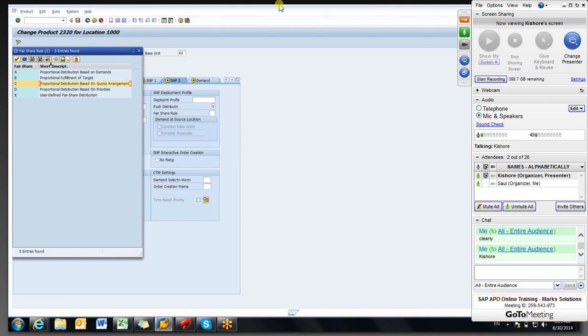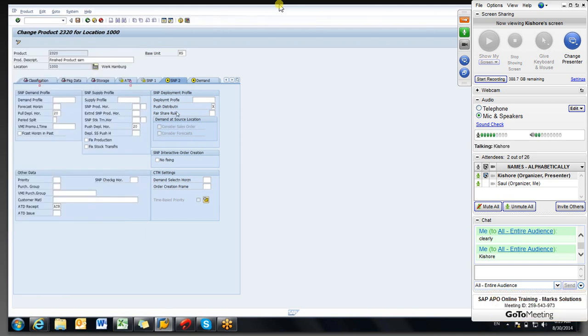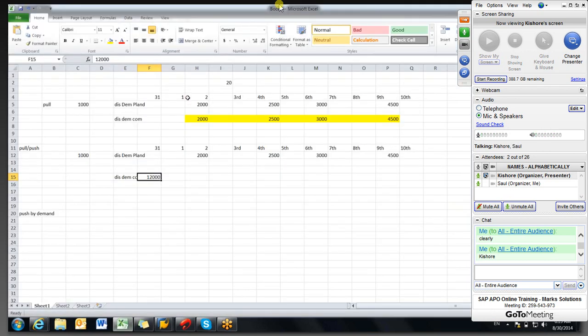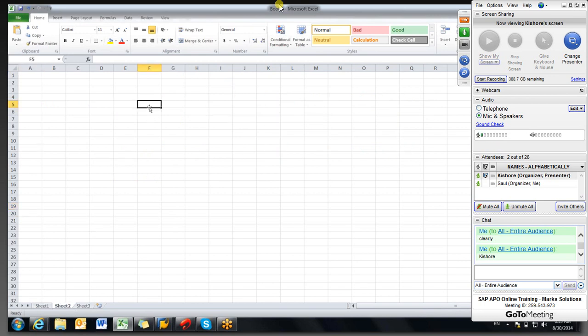This logic will come into the picture only when you have a demand but you don't have enough receipts, meaning supply is less and demand is more. The receipts, that is the supply, are less. Kishori, I'll tell you here.